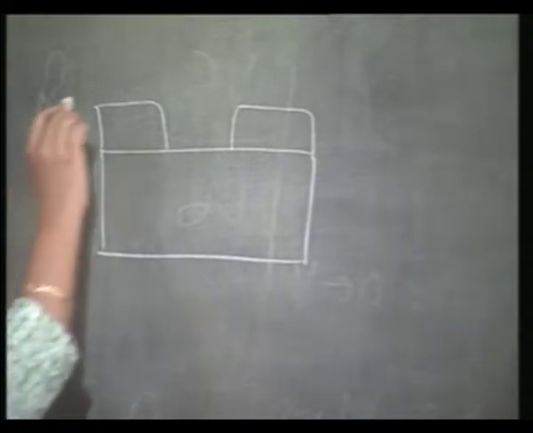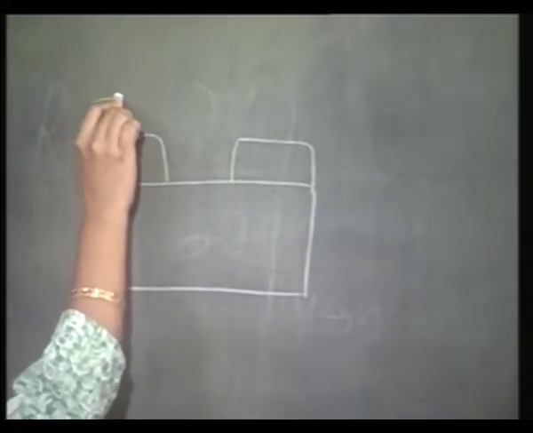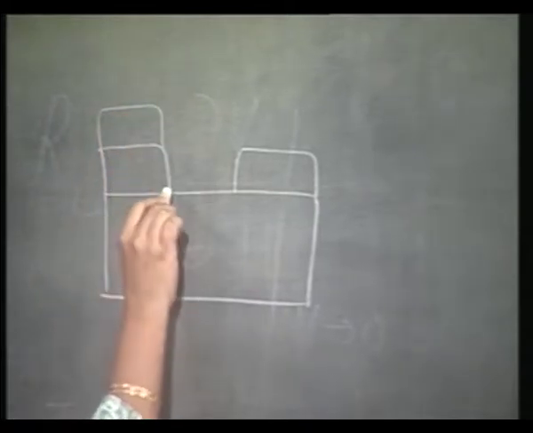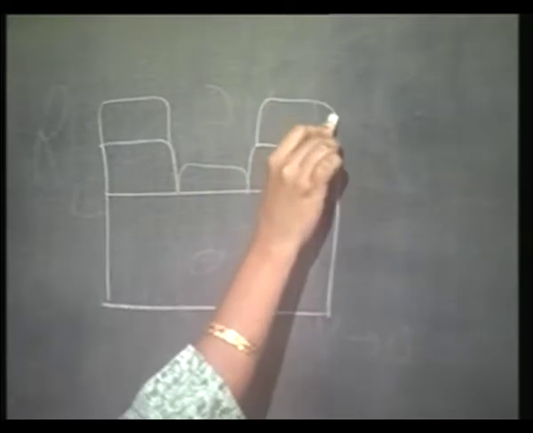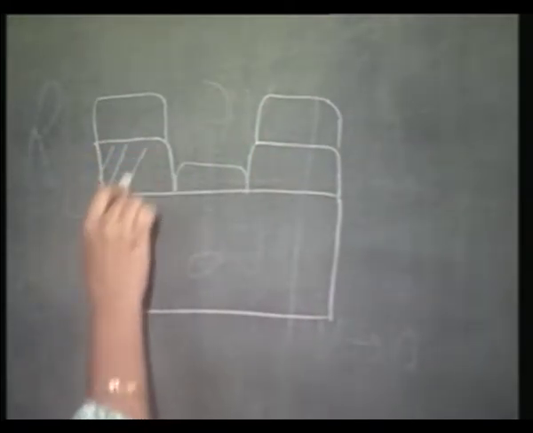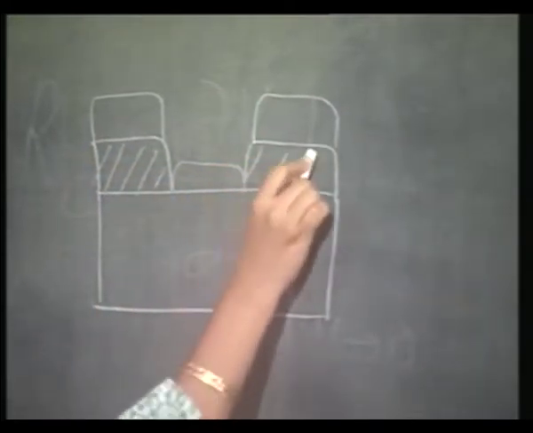Now, you have a metal deposition by vacuum evaporation. So, metal is going to be deposited here and here and here. This is photoresist and on top of that I have metal.